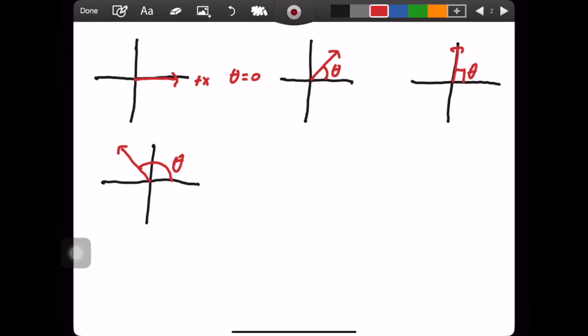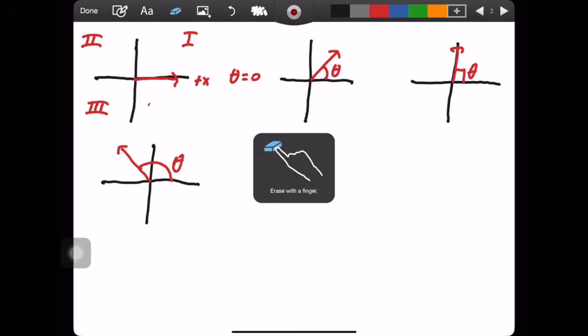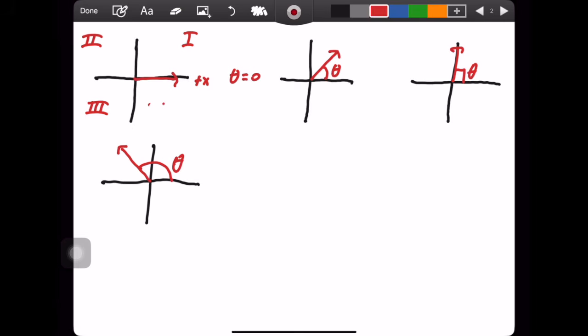Now another way in which you can think about this is that you have quadrants. You have the first quadrant, the second quadrant, the third quadrant, and the fourth quadrant. This should be IV. In the first quadrant, you're going to have a vector that's either directly along the x or something like this, or something like this.